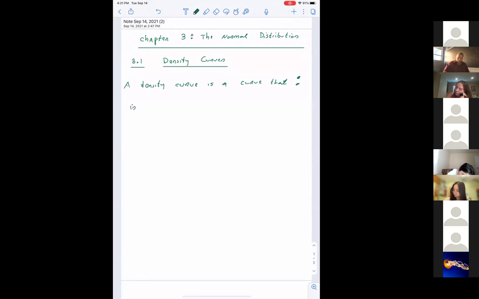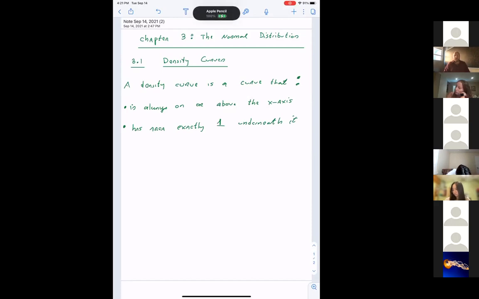One is that it is always on or above the x-axis. And 2, it has area exactly 1 underneath it. Each of these 2 has a reason behind it. Let's do the first one. Why do you feel a density curve has to always be on or above the x-axis?